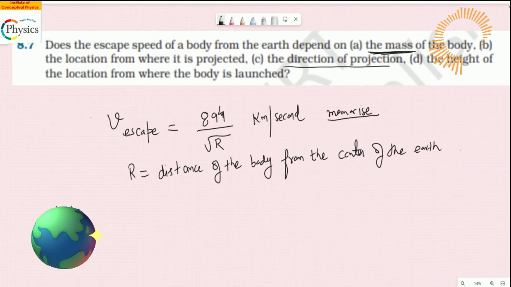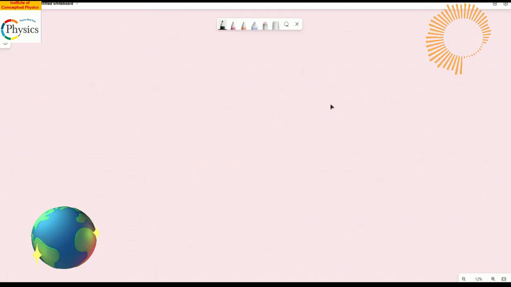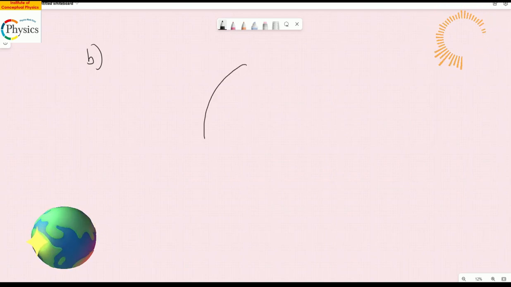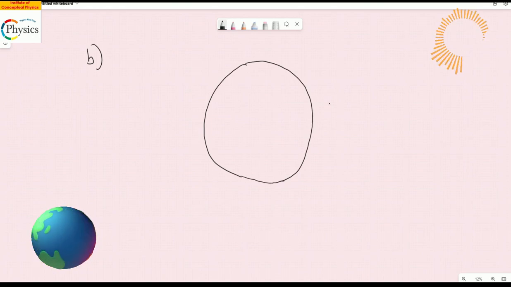So I want to pay special attention to part B of this problem. Now, when it comes to location, if I were to draw the diagram of Earth, the way it is drawn is this. Generally, the satellites are launched near the equator, eastward. So location matters, and if you launch the satellite near the equator, it helps.